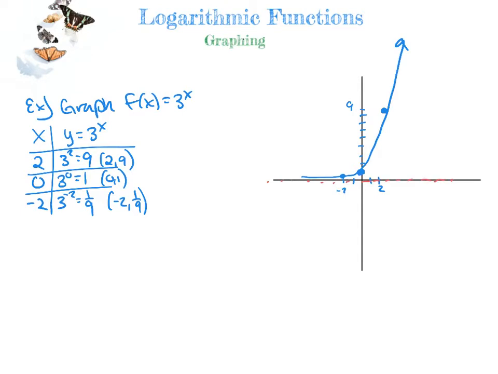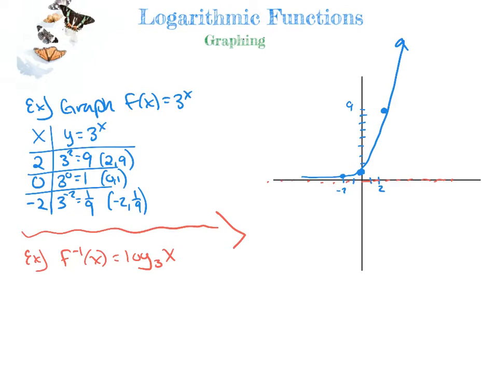All right, now remember, in the previous video on the intro to logarithmic functions, a logarithmic function was obtained by finding the inverse function to an exponential function. So we had f inverse of x is log base 3 of x.